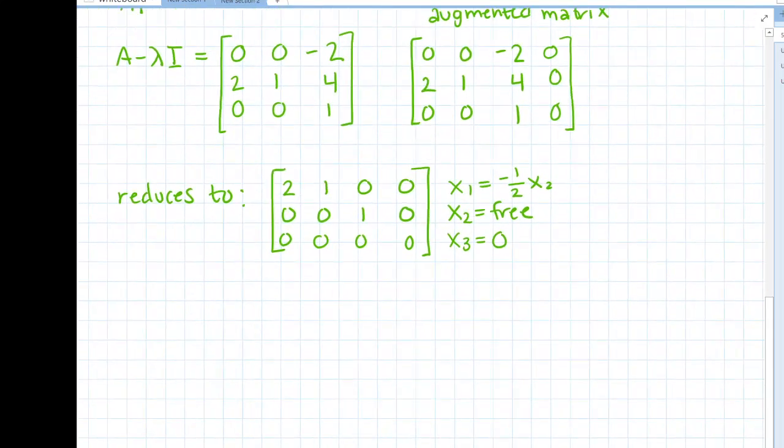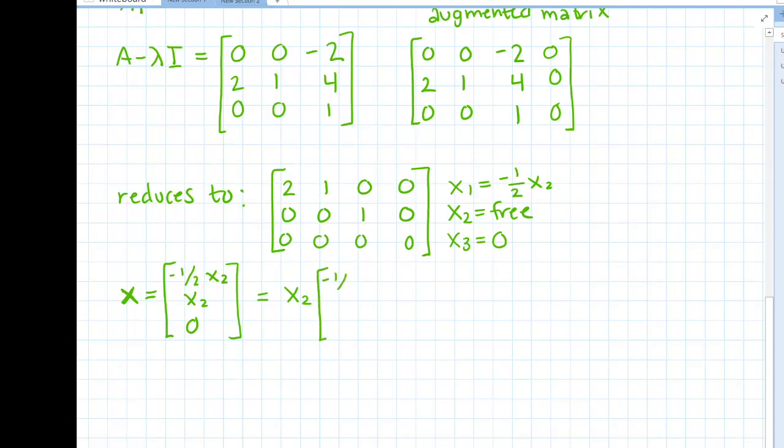And so putting this all together, we figure out that our vector x from our original equation should be equal to negative 1/2 x2, x2, and 0. And so that's the same thing as x2 times negative 1/2, 1, 0.